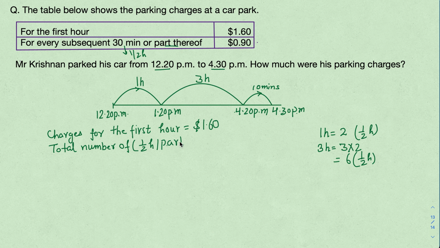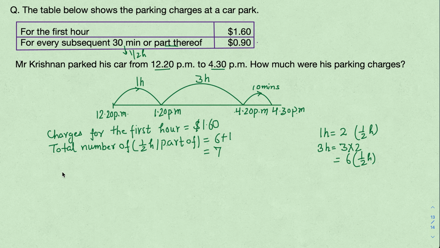Obviously there are 6 half hours plus this one extra 10 minutes, which will again be counted as a half hour. So basically he needs to pay 7 units of 90 cents, 7 times 90 cents.